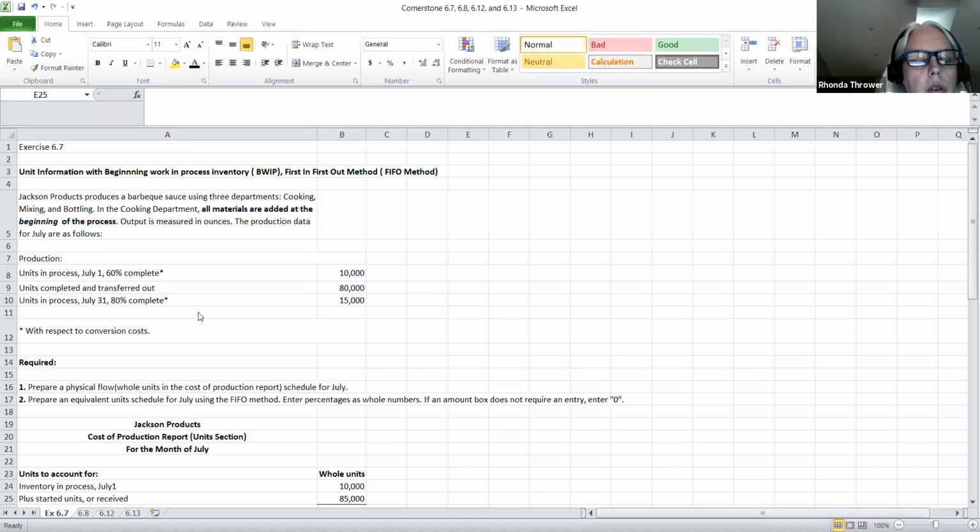So you'll remember your production costs are for materials, labor, and overhead. So when we're preparing a cost of production report, which is what you're going to have to do eventually, you're going to be looking at your material separate from your conversion, but your conversion costs are your direct labor and your factory overhead.